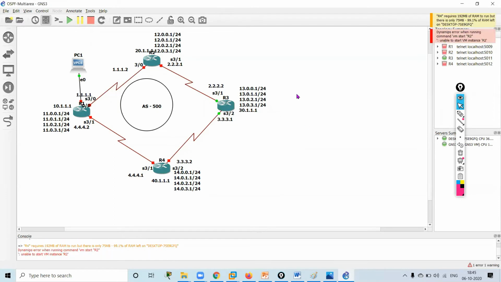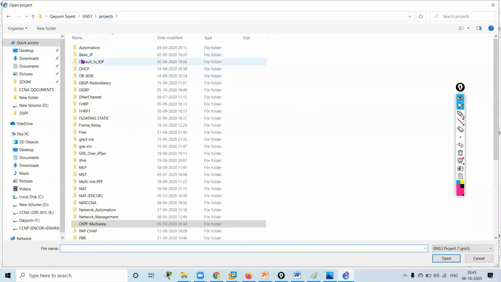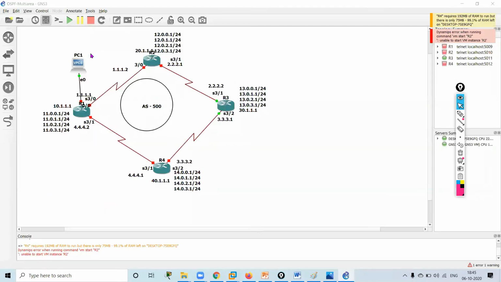So these are my routers. Let me open this topology.